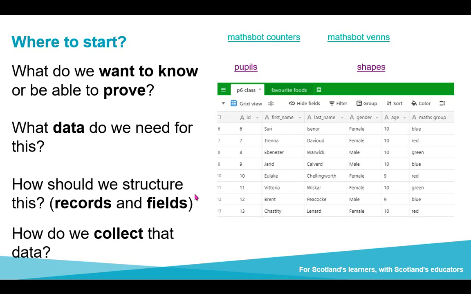So that could be sorting and ordering cubes or toys, balls in the PE cupboard. Do all of the balls go in the same place in the PE cupboard, or do the hockey balls go beside the hockey sticks and the footballs go in a separate basket or cage? Or do we want all of the hockey equipment together, or do we want all the balls together? So different ways of sorting and ordering real life things.